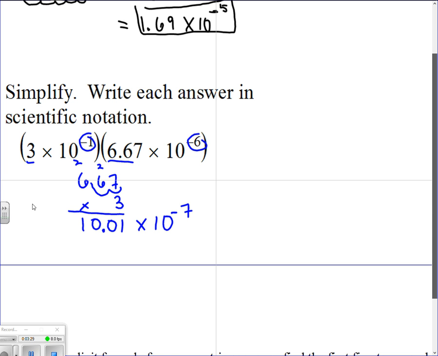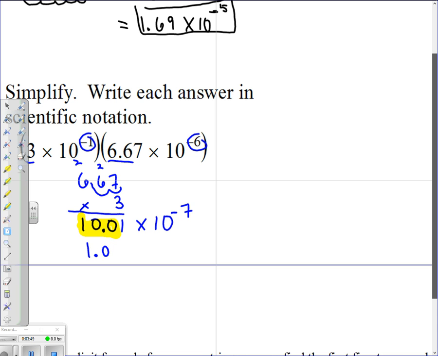Now what's wrong with this answer is the following. That number is not between 1 and 10. If I want this number to be between 1 and 10, I have to move it to the left. So the number will become 1.001. And now, if I want this number to become this number, the decimal has to move to the right one place.